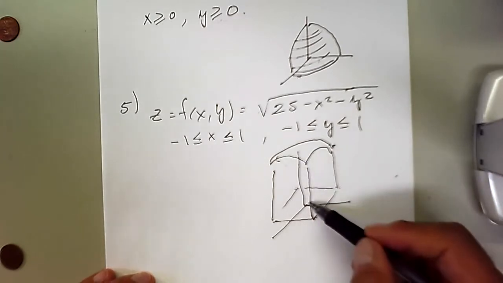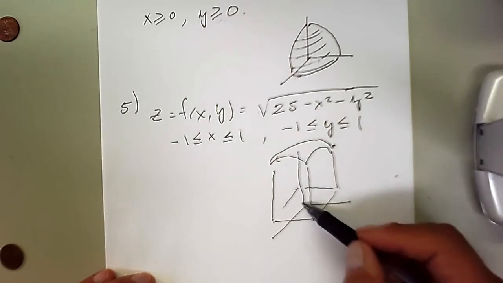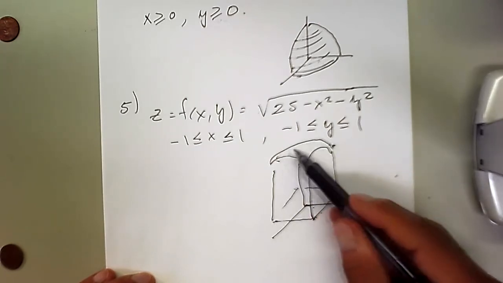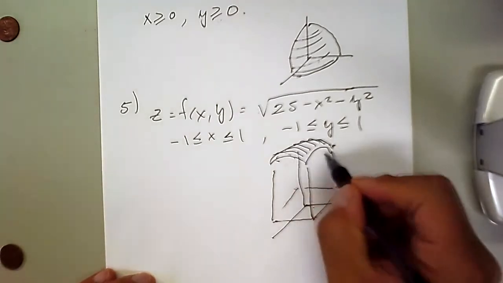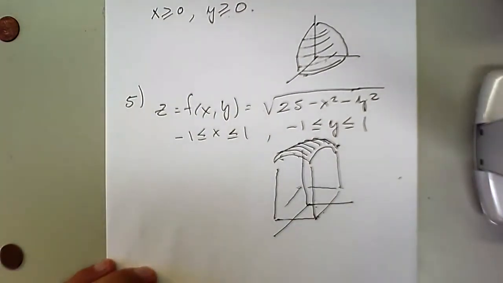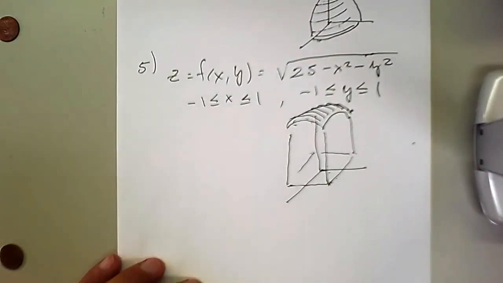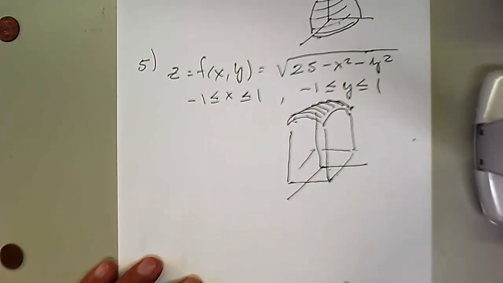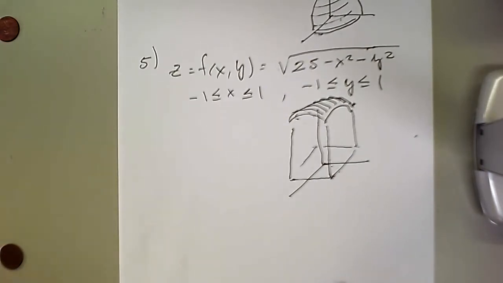We have some on the first octant, some on the second octant, third and fourth. So we have this surface, the top of the sphere. So pay attention to the domain of the function, because that can change how the picture looks.